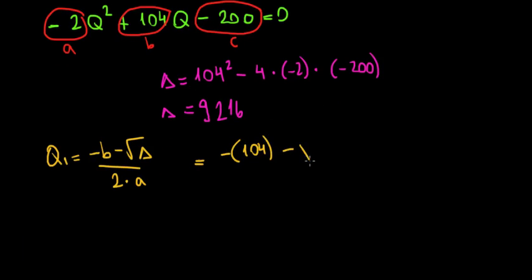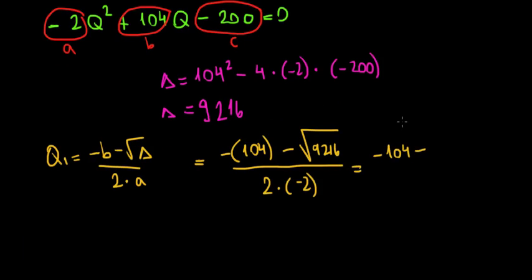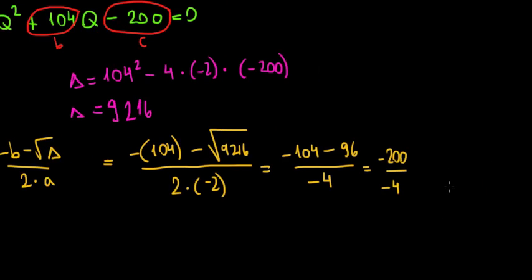Minus 104 minus square root of 9,216, which is 96, divided by 2 times a, which is 2 times minus 2, which is minus 4. Minus 104 minus 96 is minus 200, divided by minus 4, which equals 50. So we got 50 as one answer.